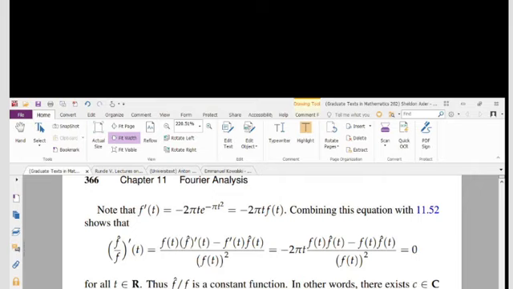Thus f hat divided by f is a constant function. In other words, there exists a constant c such that f hat equal to cf, because this is equal to 1 c, okay. To evaluate c, note that f hat of 0 equal to this.